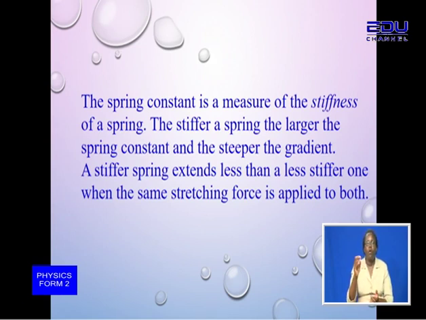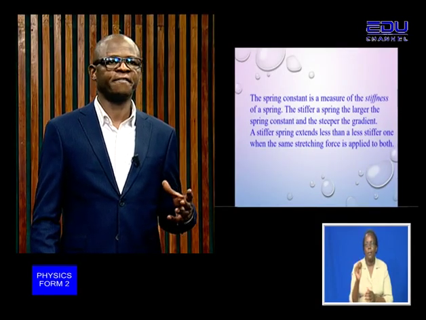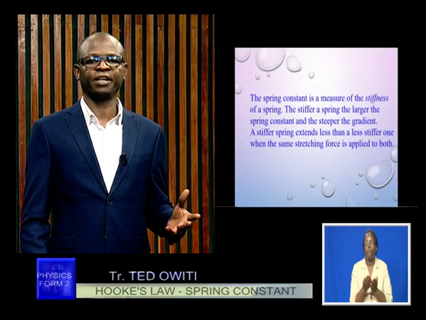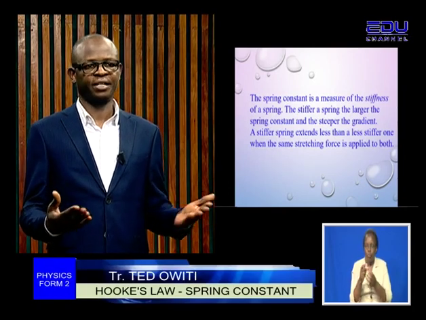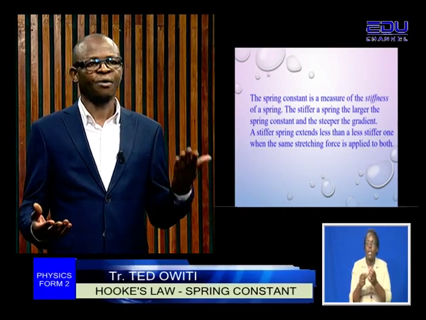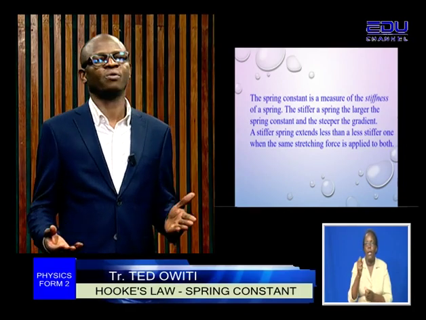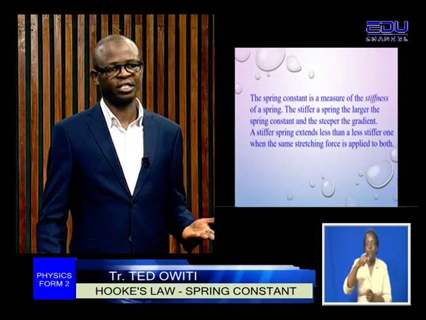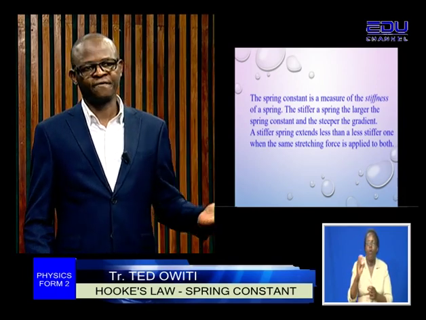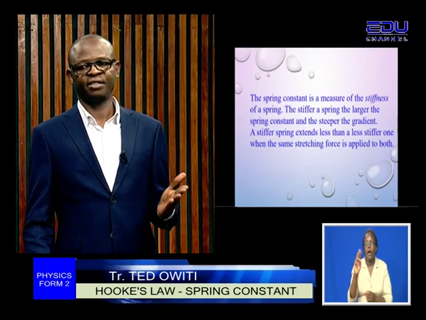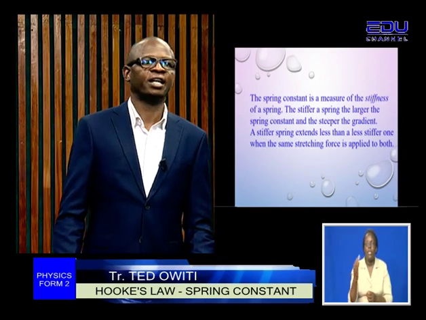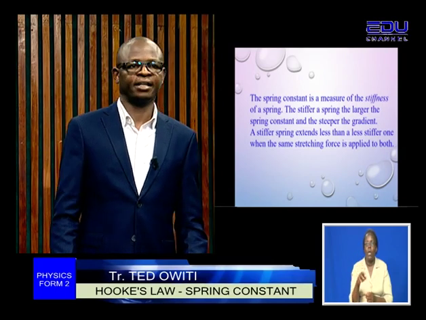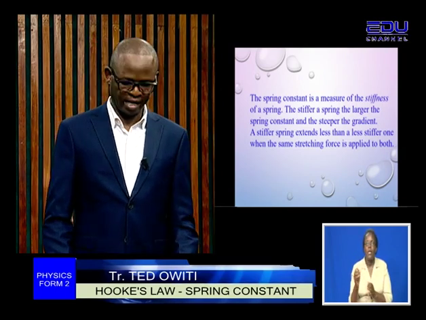So if you have two springs, and one of them is stiffer than the other, then the one that is stiffer will always have a higher spring constant, and the graph will always be steeper than that of the one which is less stiff, which will be less steep.